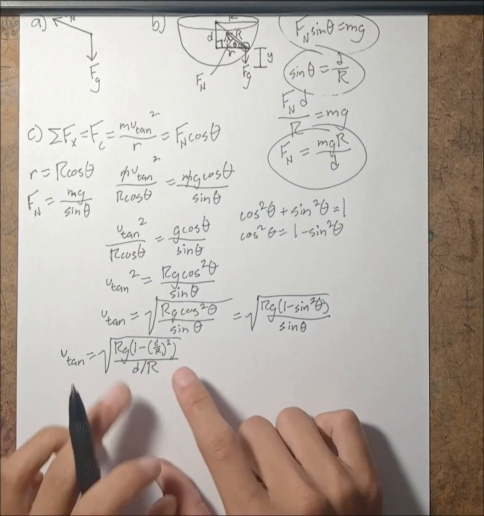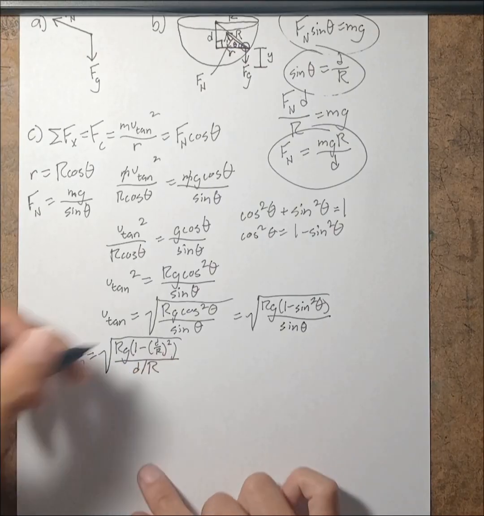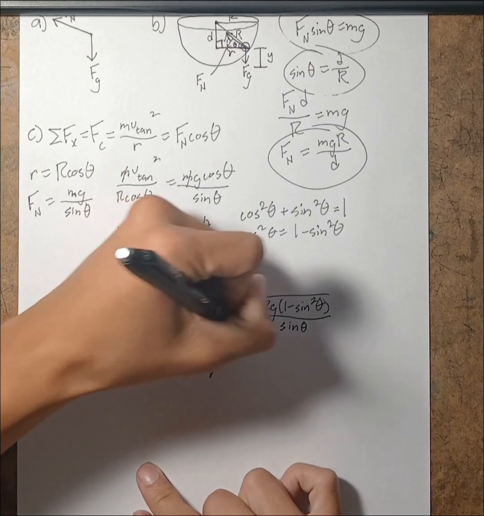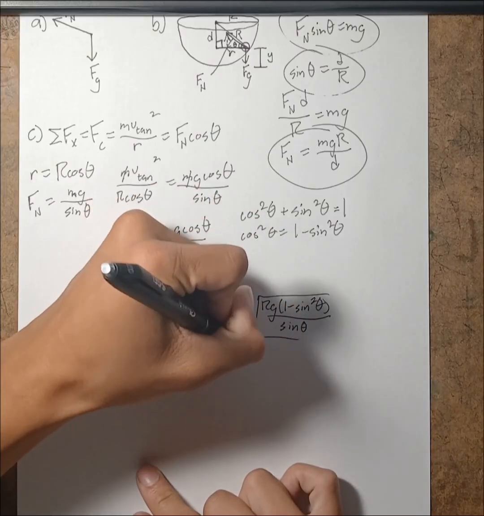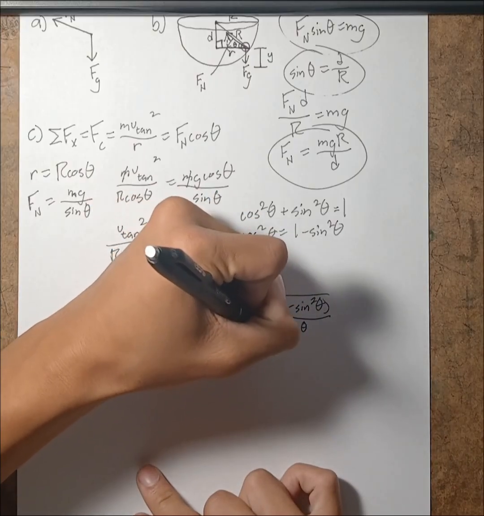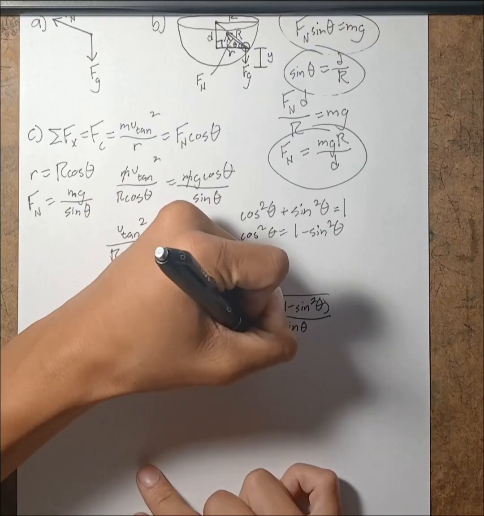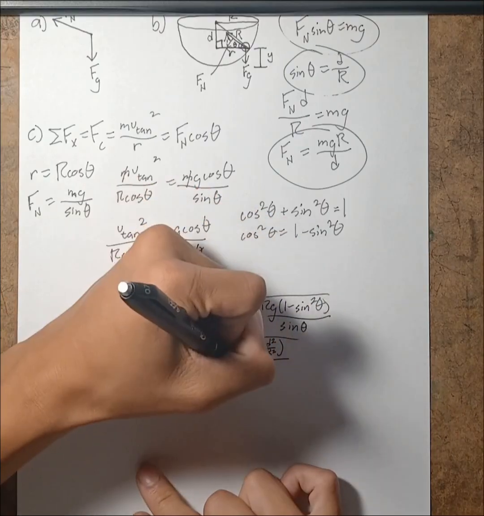And then in here we can just distribute the square, so it becomes g times 1 minus d squared over r squared, like that, over d over r.